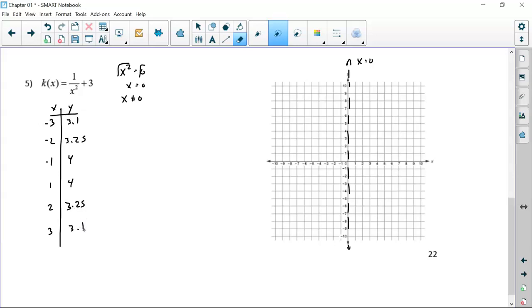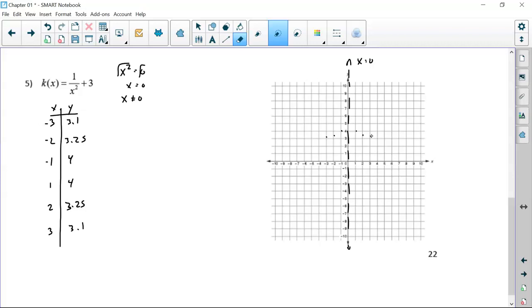So we're at negative 2, 3.1, 3.25, sorry, shift it over, 3.1, 3.25, 4, 4, 3.25, 3.1.